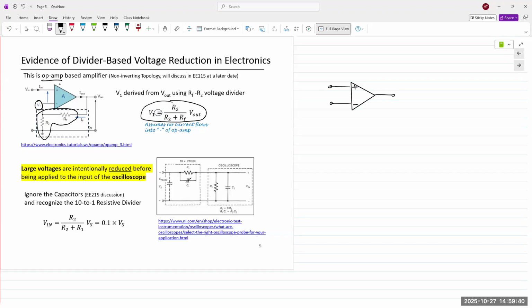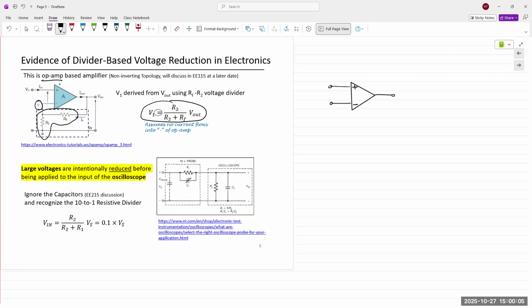One other place where you have seen this is when you use oscilloscopes. If you use a regular probe like a BNC connector and you just plug it into the oscilloscope, that does not have any reduction circuitry. But if you use the actual oscilloscope probe, the terminal is slightly engorged right at the front panel, and you can see those right behind you.